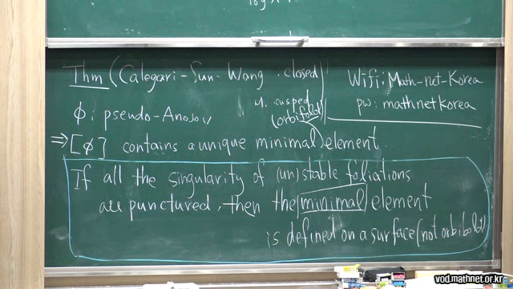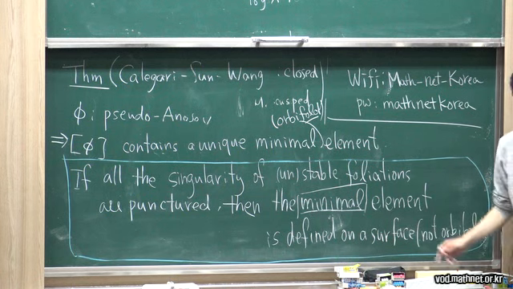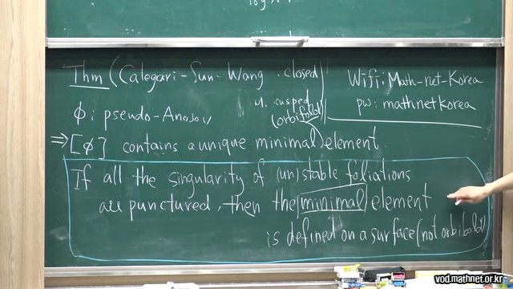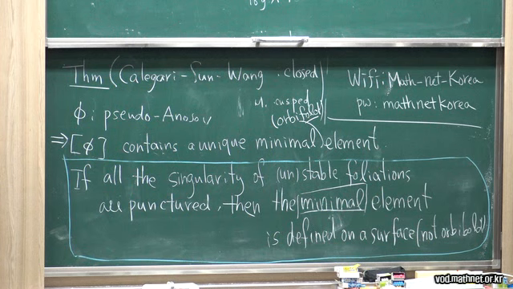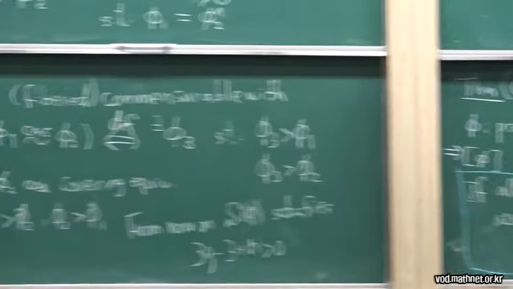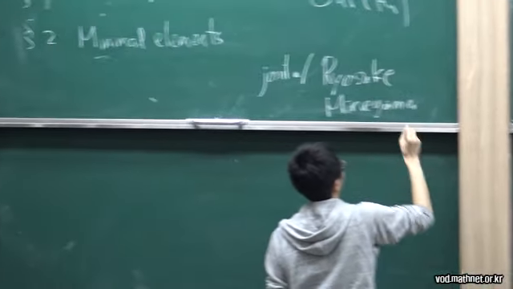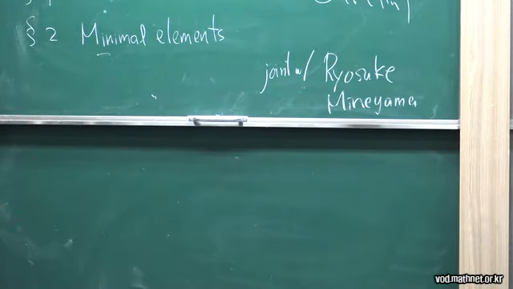So there's no symmetry or self-homeomorphism of that manifold, or that a random mapping torus is not arithmetic, things like that. This is a joint work with Ryosuke Mineyama, and it seems that he and I are the only people who study fiber commensurability.